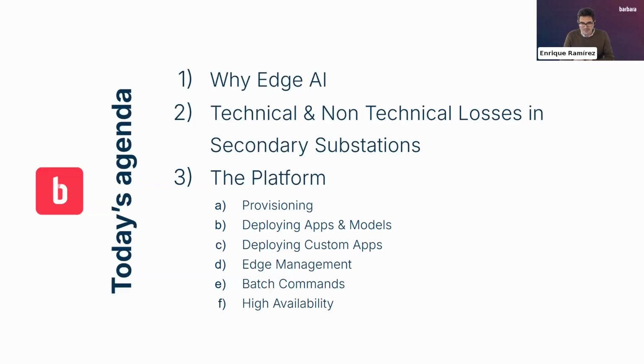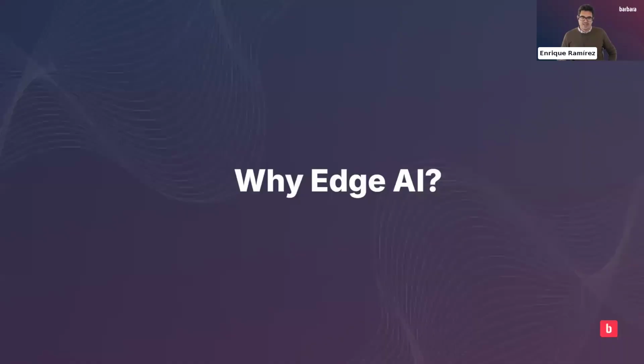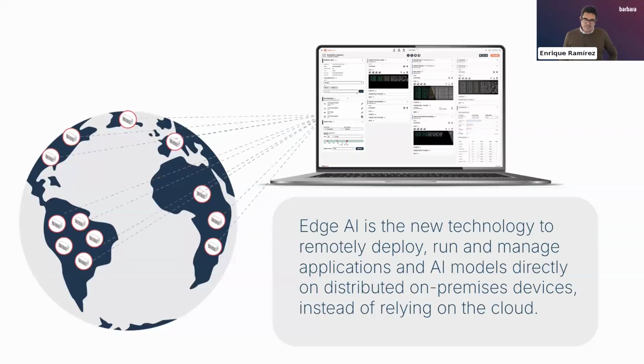Okay, let's go to the first point. Why Edge AI? I will start by defining what Edge AI is, and basically it is written here. This is the new technology that allows you to remotely deploy, run, and manage applications and AI models directly on distributed on-premises devices instead of relying on the cloud. So we come from a situation where most of the applications and models were running on the cloud.